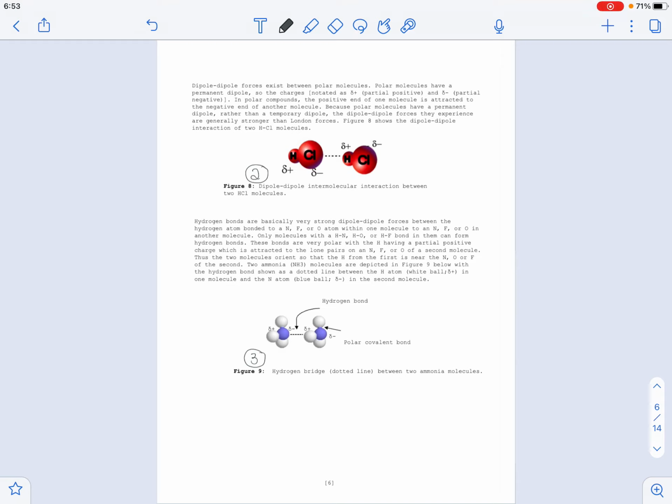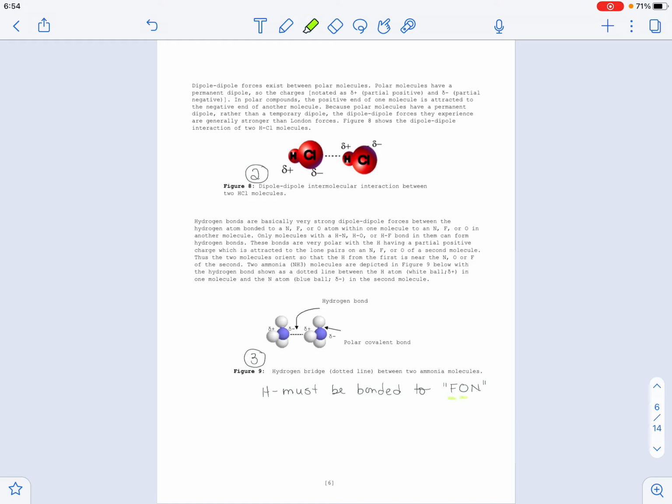So, for hydrogen bonding to occur, understand that hydrogen must be bonded to elements that are fun. What are the fun elements that hydrogen needs to be bonded to?